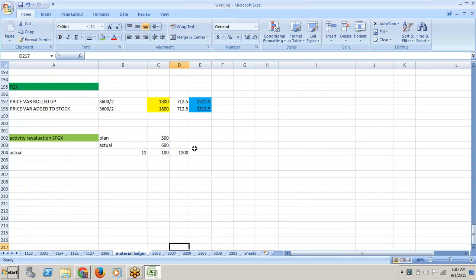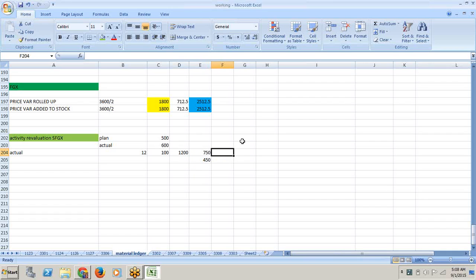So this 1200 will be distributed between 5 kgs and 3 kgs. For 5 kgs, it is 1200 into 5 divided by 8, which is 750. For 3 kgs, it is 1200 into 3 divided by 8, which is 450.